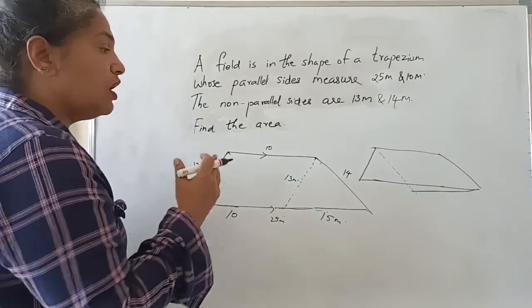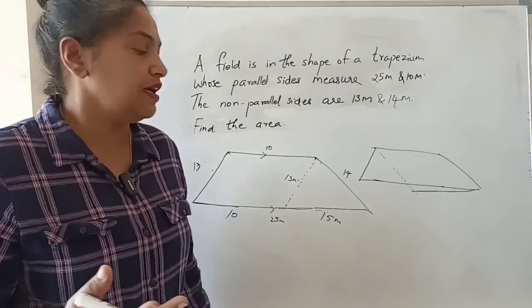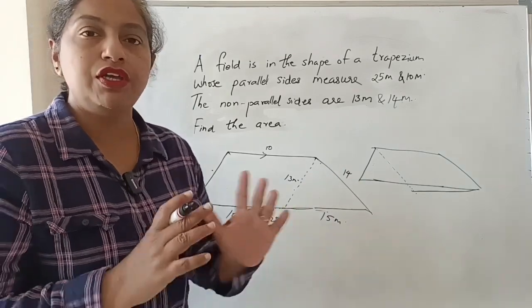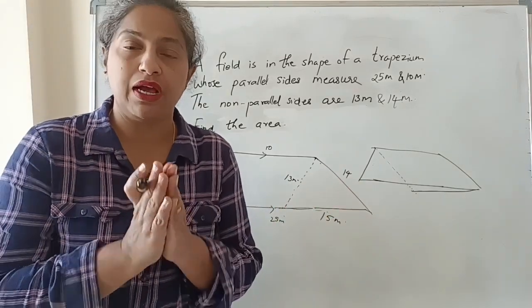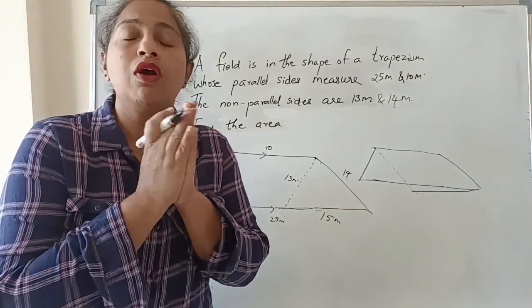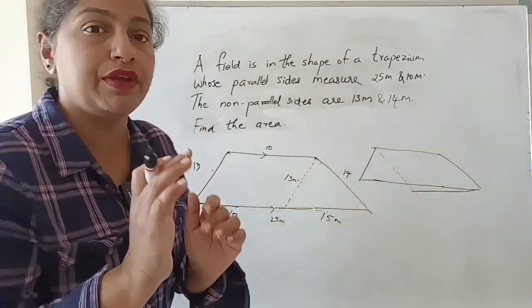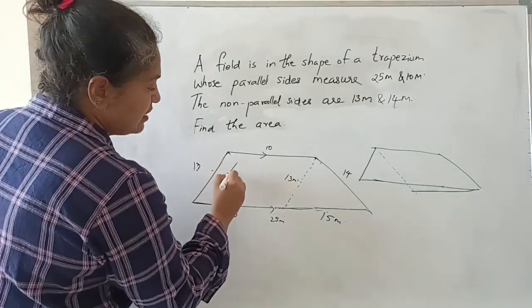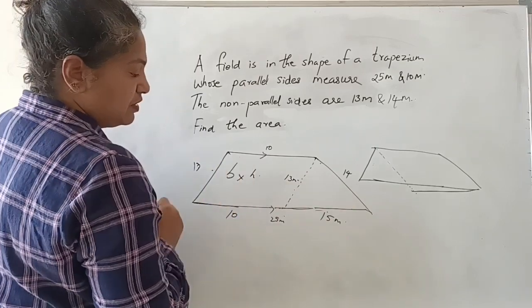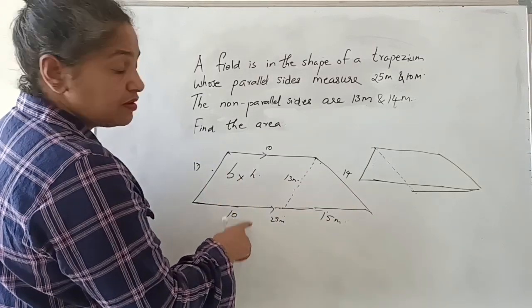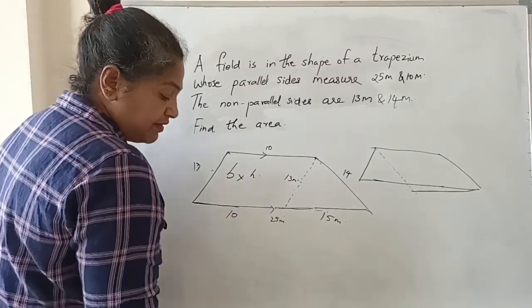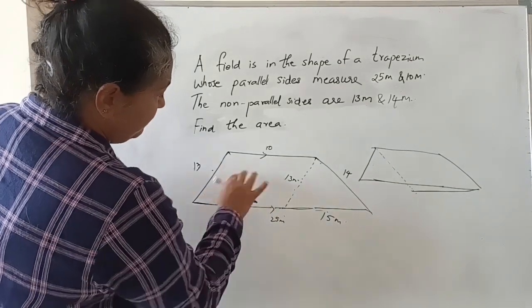Now, how do you find the area of the triangle? The three sides are given to you. You can find it out using Heron's formula. Our problem is we do not know how to find out the area of a parallelogram, because the formula for the area is base into height. You know the base, but you don't know the height. So, where does the height of the parallelogram fall?